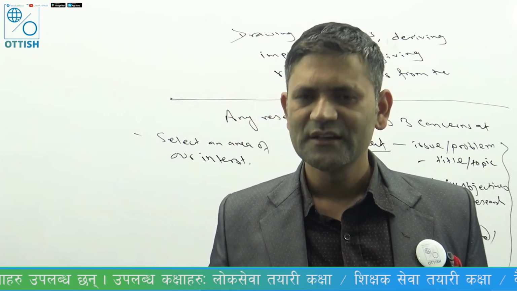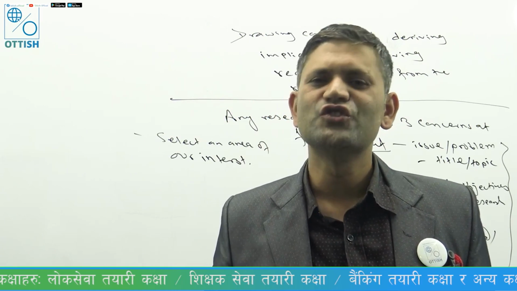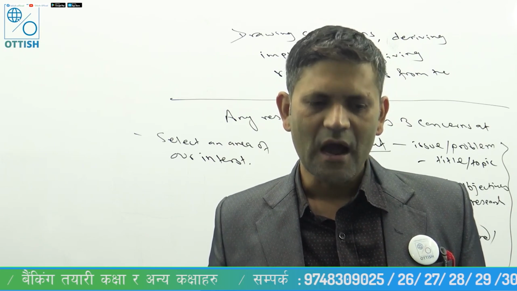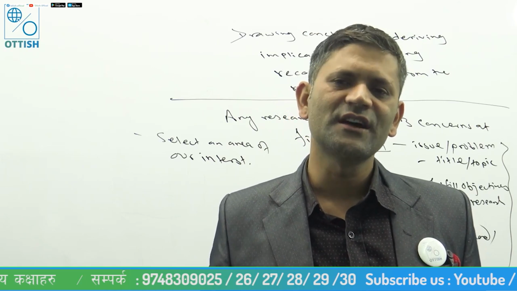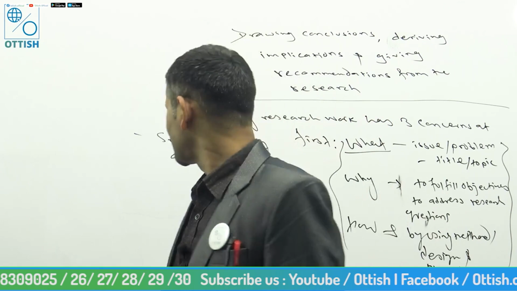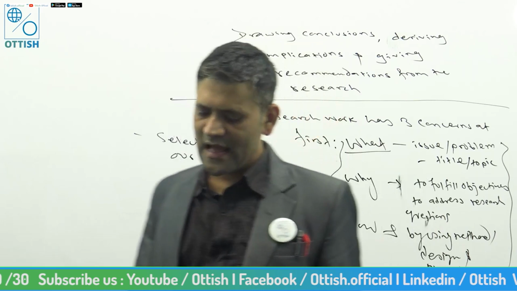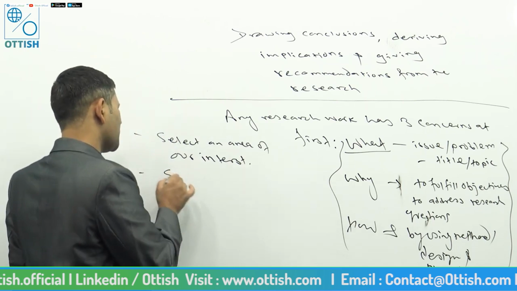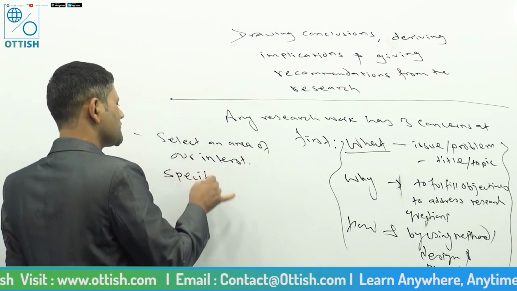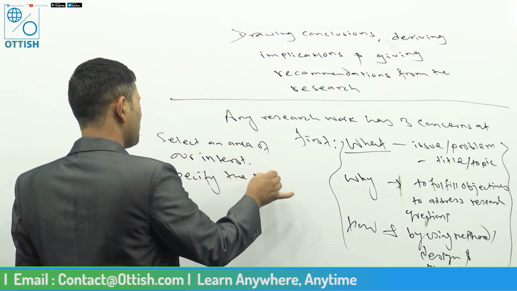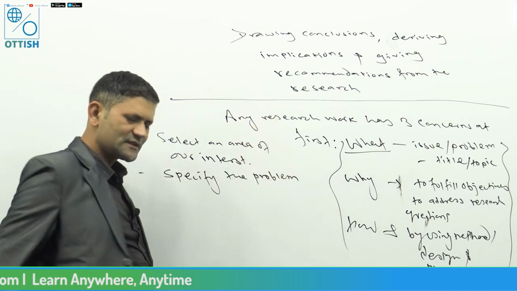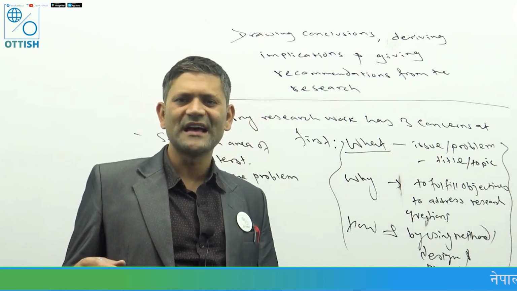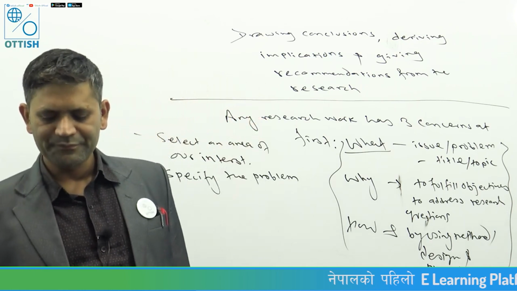Why is it important to study? How would it contribute to the field concerned? Then we need to specify the problem. We select the problem at first and we need to specify how it has been a problem.